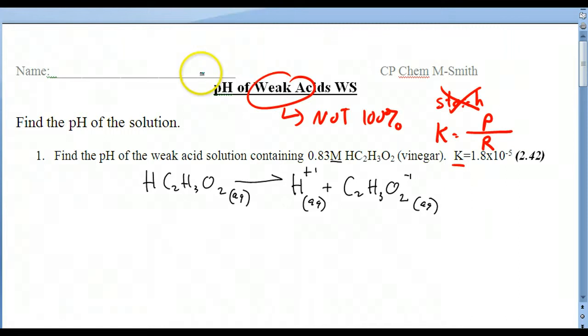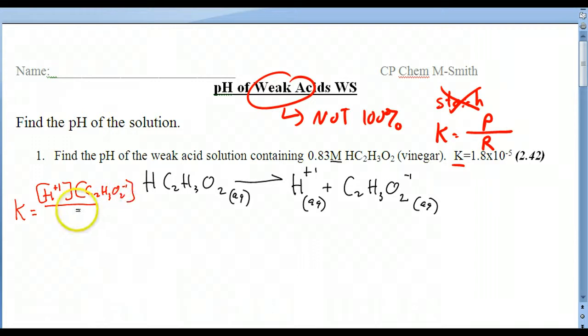So we're going to set up an ICE chart, because what we're going to end up with is K equals products over reactants, which is H+ over C2H3O2 minus 1, and the reactant on the bottom, the acetic acid, right here.